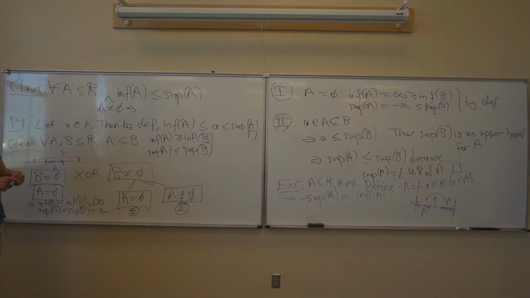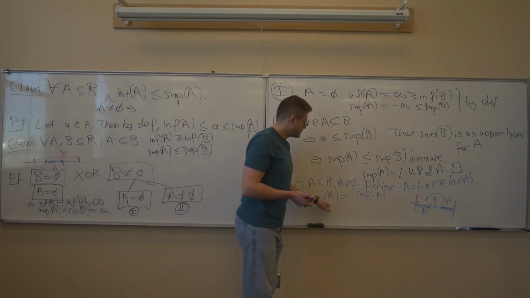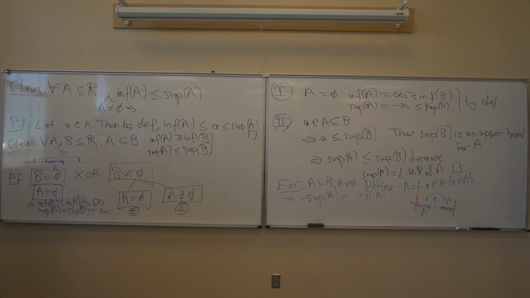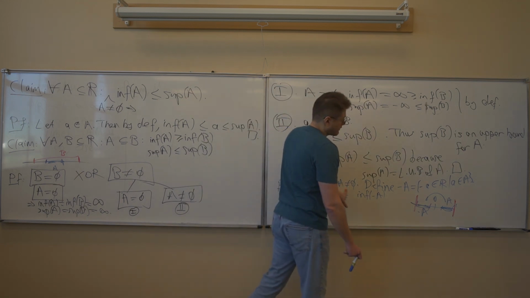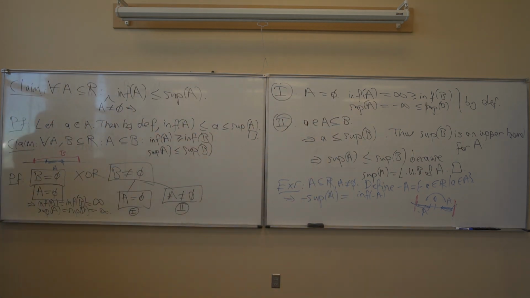Okay. How are you going to prove it? Well, you're going to say this is less than or equal to this, and vice versa. You're going to prove two things. And how do you start? Well, all you know is that A is non-empty. You have to use that. You're going to take a point, and then you're going to optimize, basically.